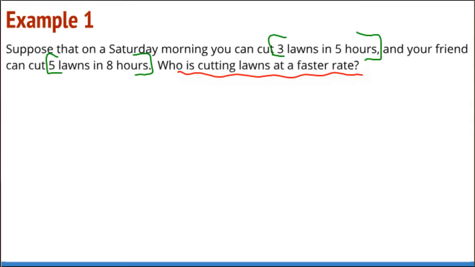Before we go any further, I would like to unpack the rate here. I see that in this first rate, I have a unit rate of 3/5, and I have a rate unit of lawns per hour.